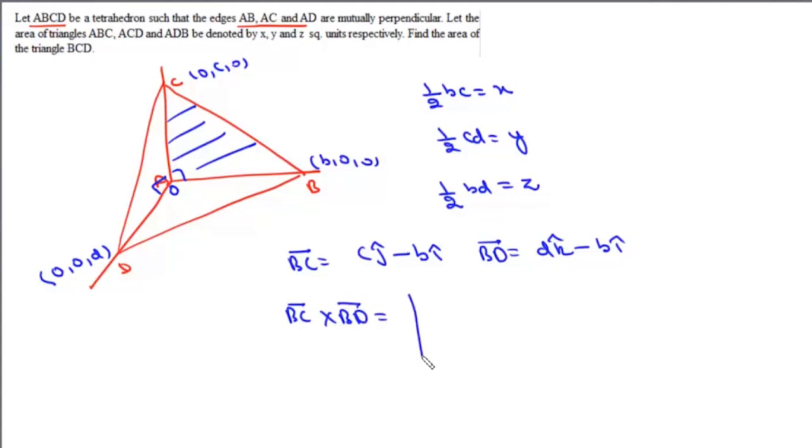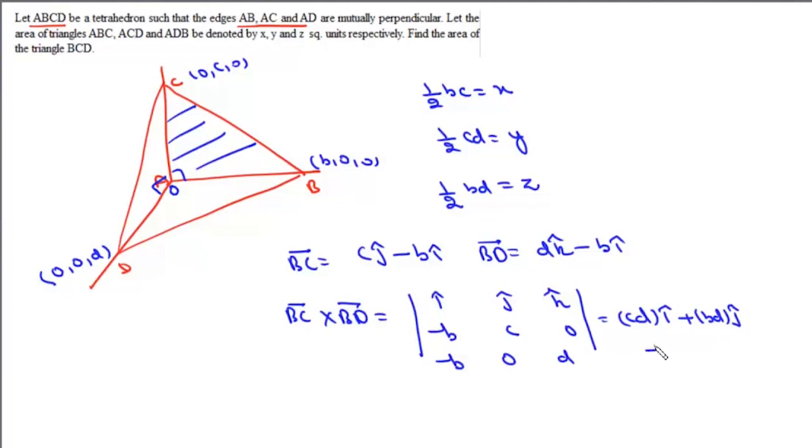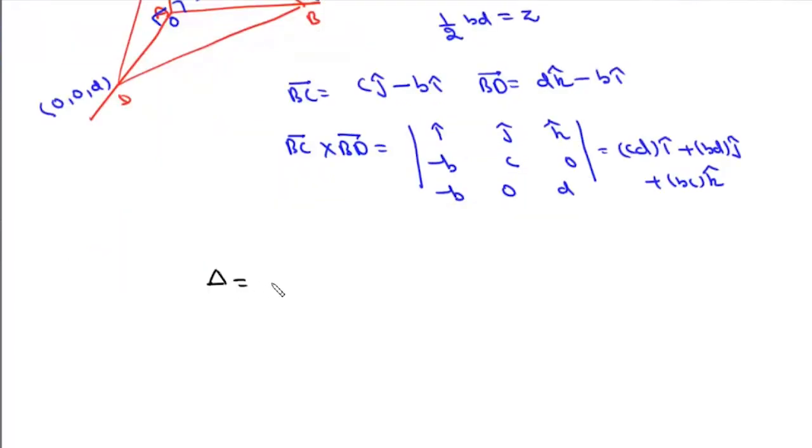Now BC cross BD is this i, j, k, and here it is minus B, C, 0, and here will be this minus B, 0 and D. Now we solve this, we'll get CD into i plus BD into j plus BC into k.